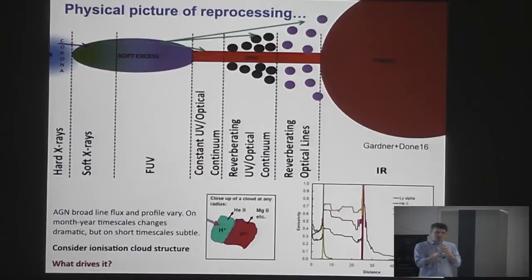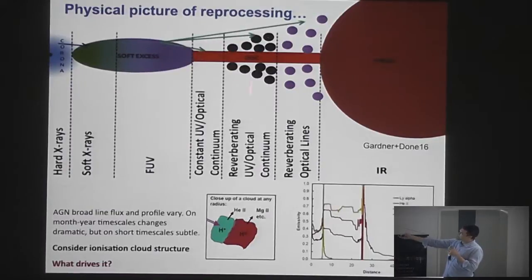And then you can also imagine that depending on where the cloud sits, it will see somewhat different UV radiation field, right? Because as the UV photons propagate out, they're going to be intercepted by material, and so you'll pick off some of the harder UV photons, and so the spectrum will change as you go out in distance a little bit. So these clouds here will not necessarily see the same radiation field as these clouds here.